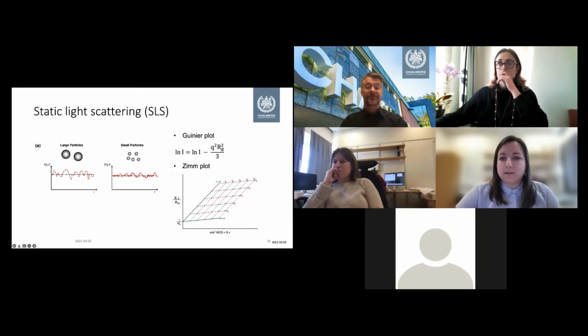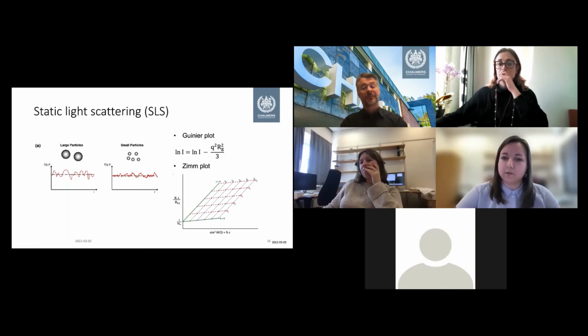In the Guinier analysis, you can simply use this equation and plot this, and then determine from the slope the radius of gyration of your particles. You can do similarly with a Zimm plot. However, the advantage of Zimm analysis is that if you measure at different concentrations of your sample and different angles, from this kind of plot, you can also determine the molecular weight or apparent molecular weight of your particles.